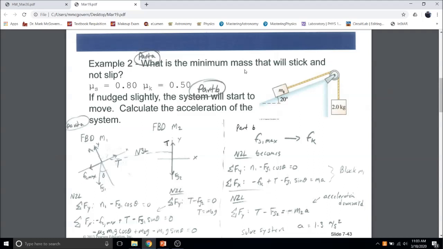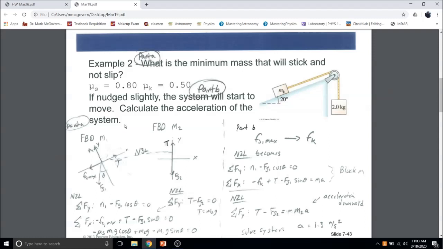Well, not slip means static friction, and what we're trying to consider here is being at that maximum value of static friction. So we have our F max, because the block would like to go up the incline if it could.